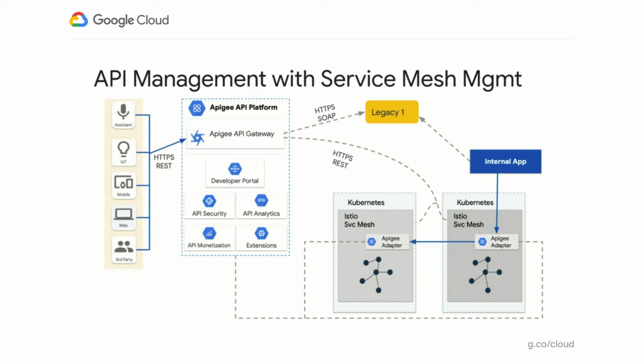If you have threat protection to validate any threats coming on the APIs, it will enforce that. So basically, the adapter is helping you to do these kinds of security policies, right? And Istio Service Mesh is helping you to enable the communication between the services. This is a clean model where the separation of concerns is very clearly maintained.